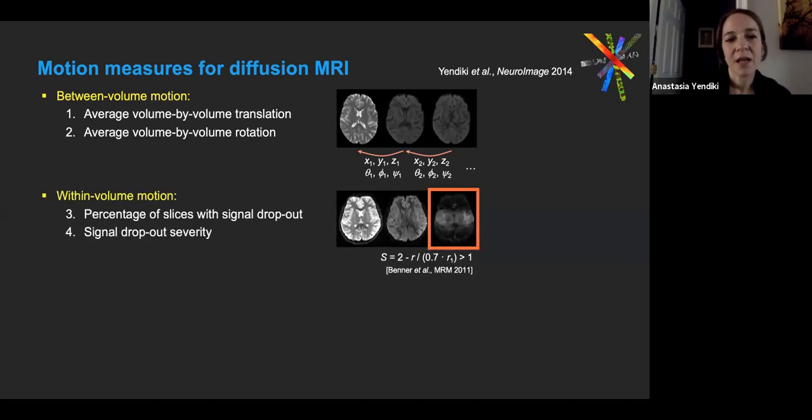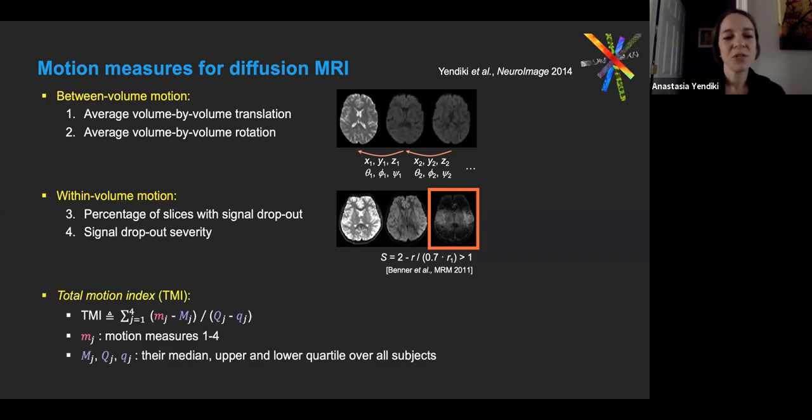Then there are some within-volume motion measures that have specifically to do with this dropout effect that's specific to diffusion MRI: the percentage of slices in a scan with signal dropout and the severity of the signal dropout. So we had these four measures.